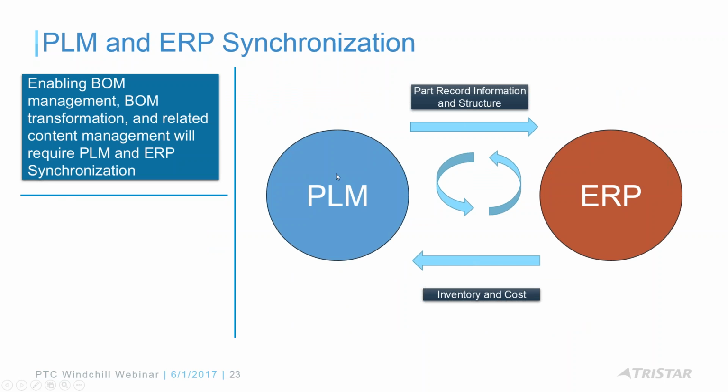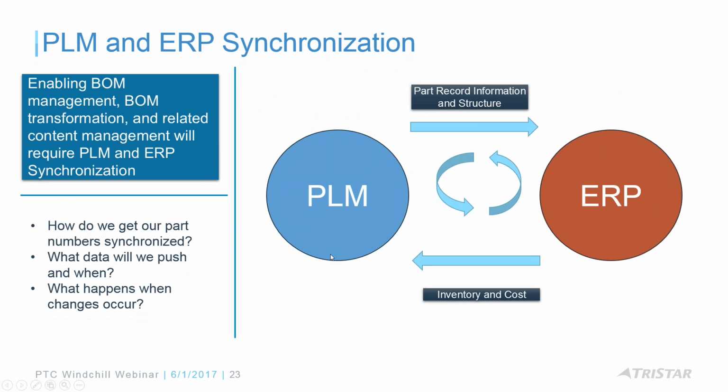So typically I can pass information once that BOM, that planned version of the BOM in Windchill, is created, between my ERP systems, and then also synchronize information on that part. Sometimes I may want to get things like inventory and cost from my ERP systems for planning purposes on the PLM side.